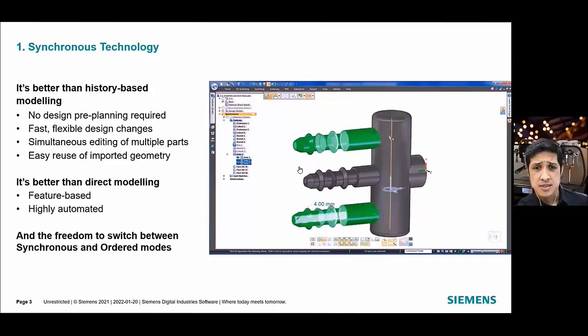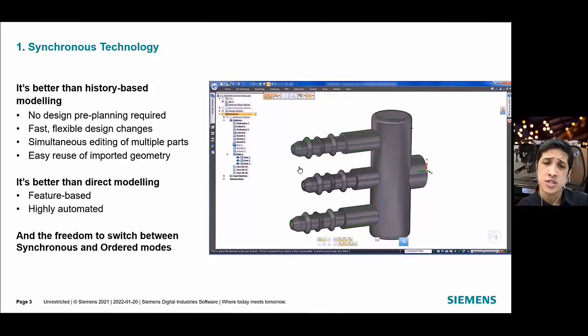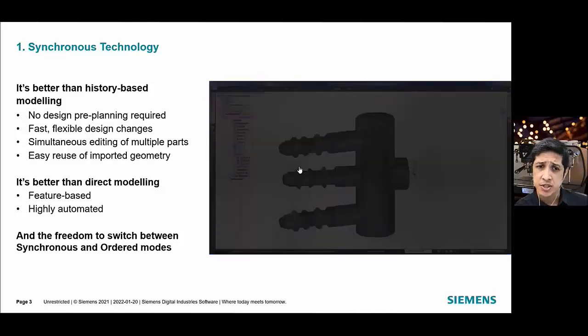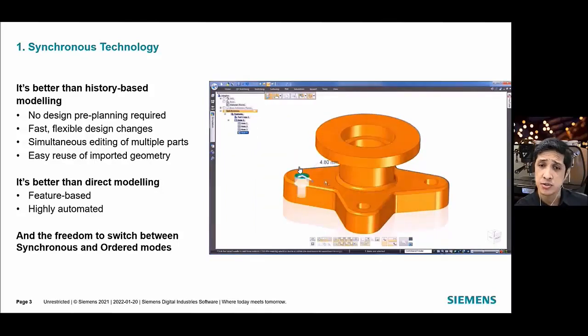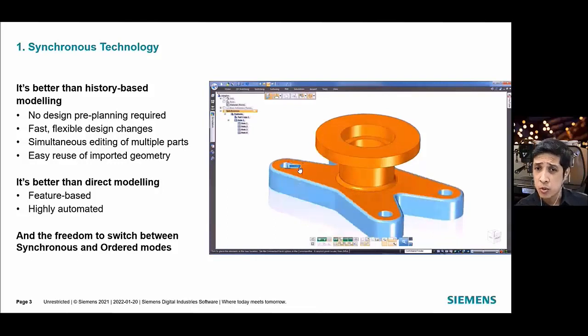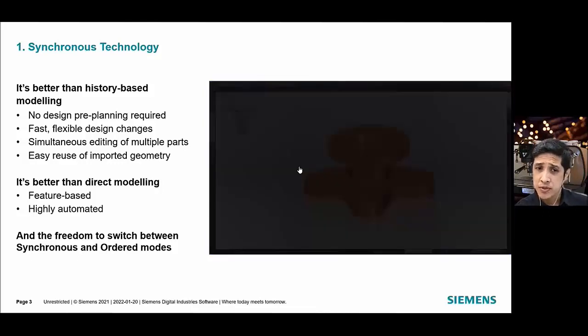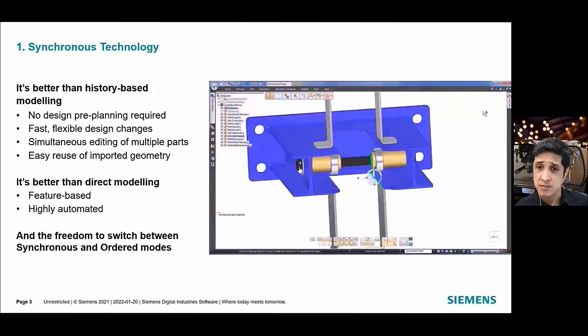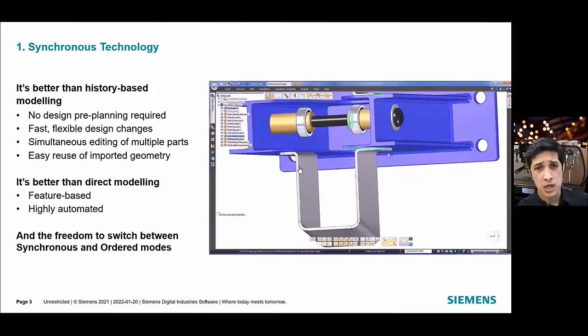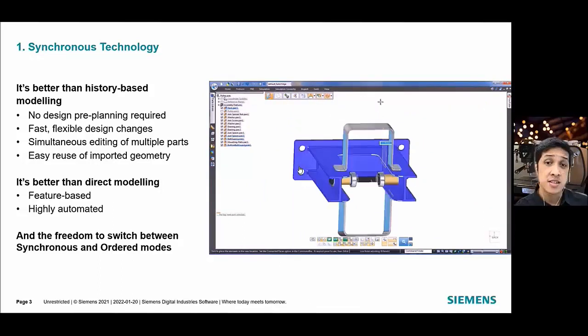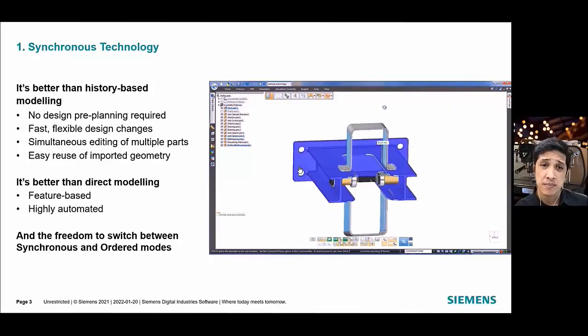What this means is that something like a hole is treated as a feature instead of just a collection of faces, which direct editing programs tend to do. When you click on a hole in Solid Edge to edit, it goes back to the hole menu where you can change the hole type, for example, from a simple hole to a counter bore or a countersunk hole. So you see there is intelligence built in.